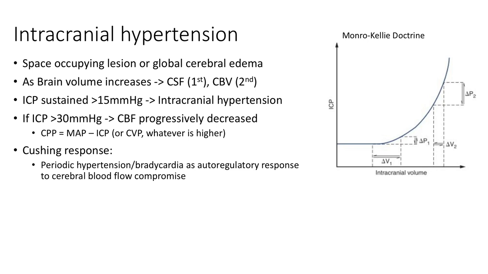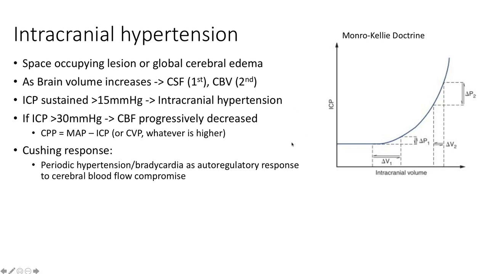The Monro-Kellie doctrine is indicated in this graph. In the beginning, as your cranial volume, your brain volume increases, your ICP really doesn't change much due to the squeezing out of CSF. Then as we are further increasing the volume, that's when the ICP starts to rise, and your cerebral perfusion will suffer due to increased intracranial pressure.